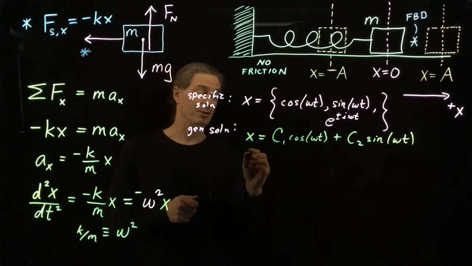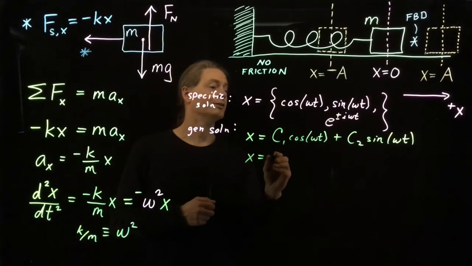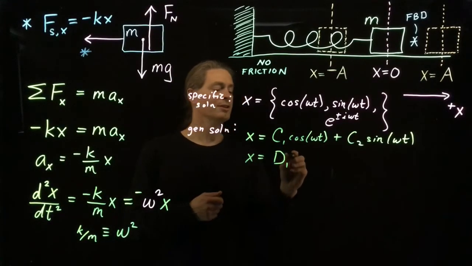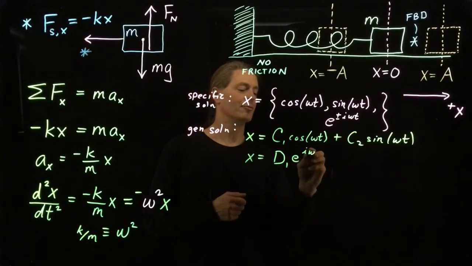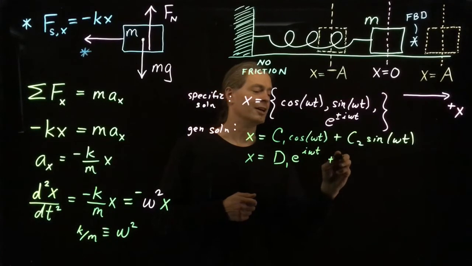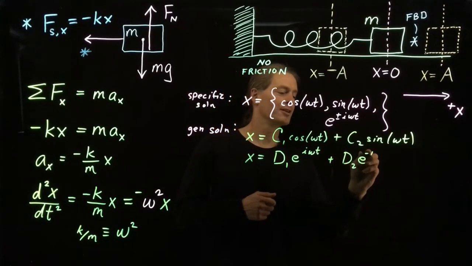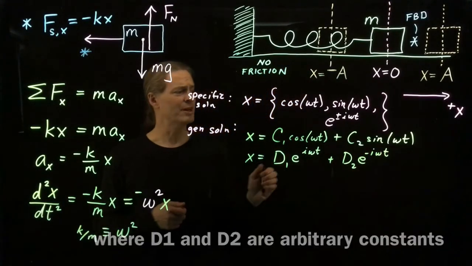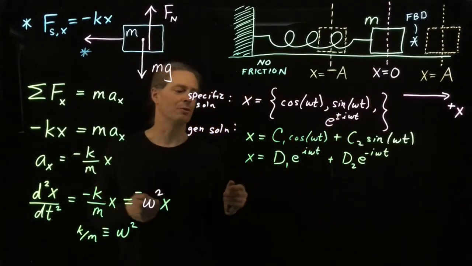Another general solution, another way of writing it, which is mathematically equivalent, let's call it d1 e to the i omega t plus d2 e to the minus i omega t. And I may or may not have mentioned earlier, this i running around here is the imaginary number, the square root of negative 1.